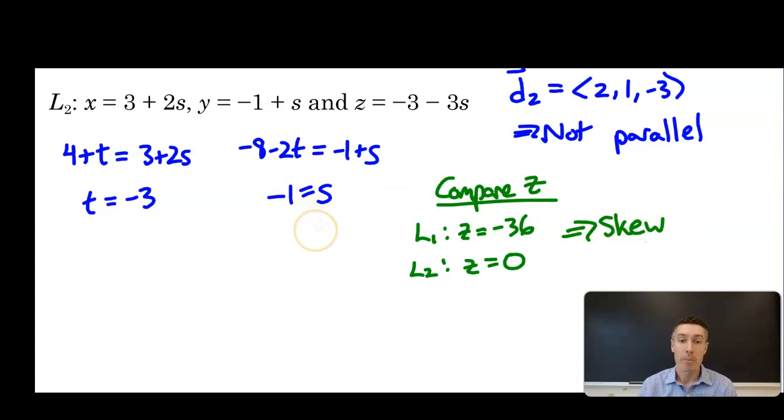Now, what also might happen for skew lines is you might set up this system of equations for x and y, and you find that the system has no solution. That would be another indication that the lines we're comparing are skew. So we can come to this conclusion in a few different ways algebraically. It's just important to pick up on what's happening and what the conclusion of that is.